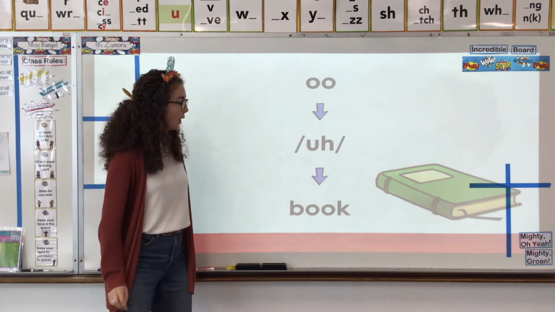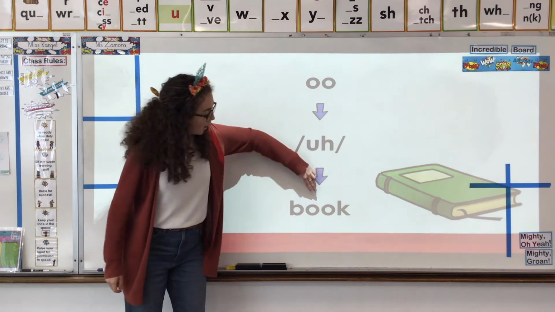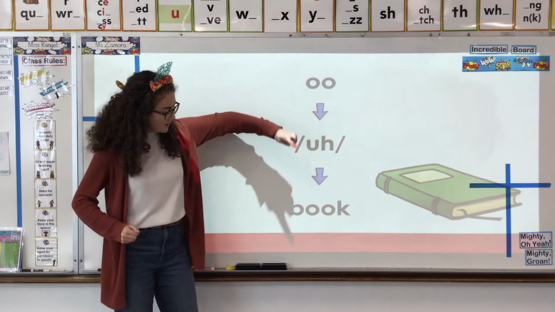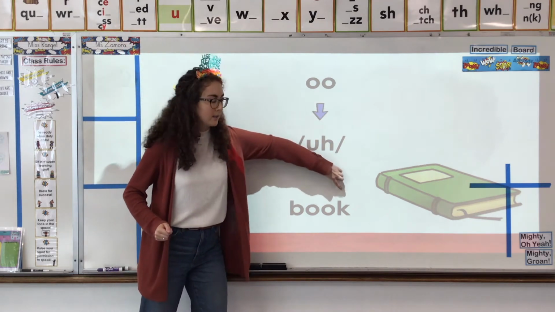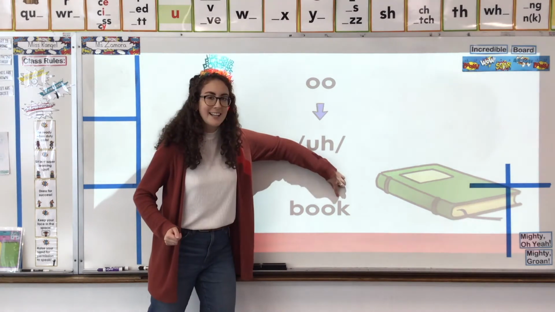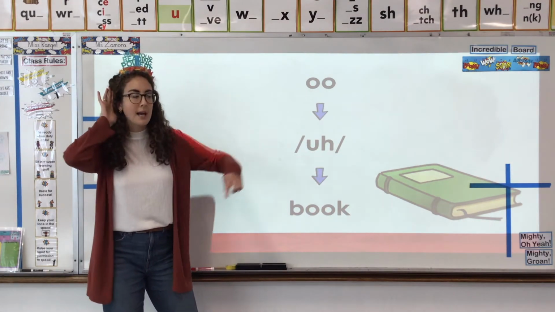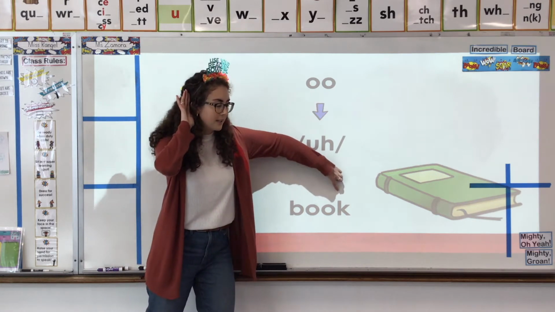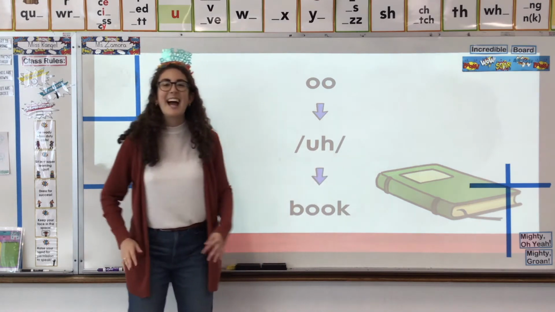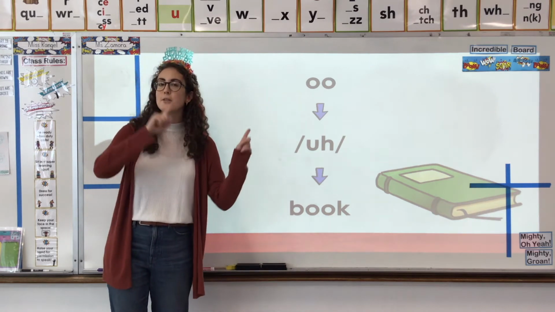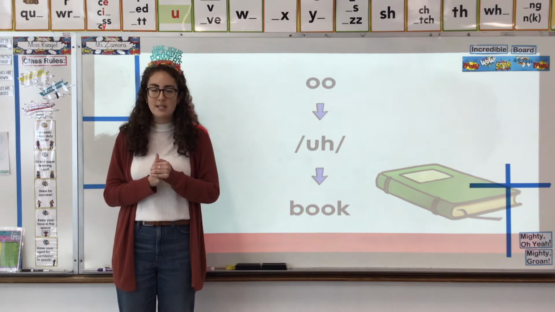In the word book, O-O is making our short sound. Can you say the word? Book. Do you hear that sound? Listen for it. One more time. Book. That's the short sound for O-O.